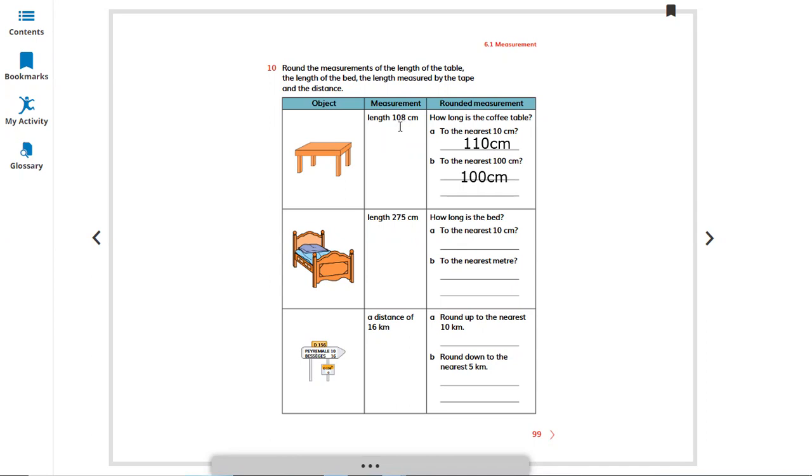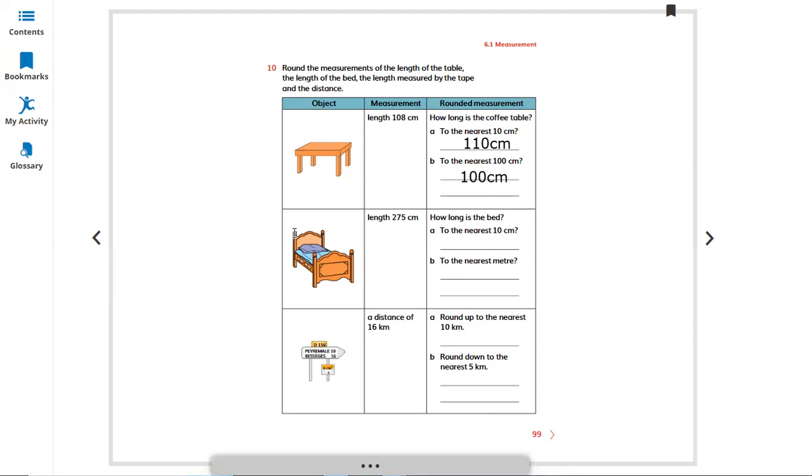And about the nearest 100, the last two digits are less than 50, so we need no change to the hundreds place value digit. So 1 stays as it is, and the last two digits change into 0, 0, 100. So 108 is nearest to 100.